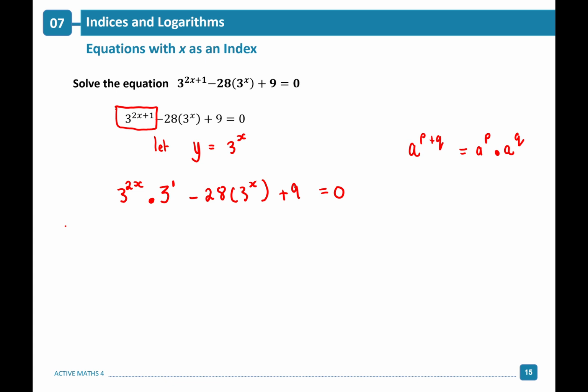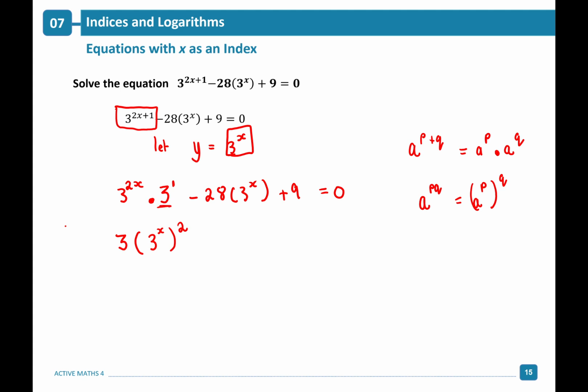Keep using your indices rules to separate out that first term so it is written in terms of 3 to the power of x. So we now know that a to the power of p times q is the same as a to the power of p all to the power of q. So this gives me 3 times 3 to the power of x squared. So I'm just bringing that 3 in front.